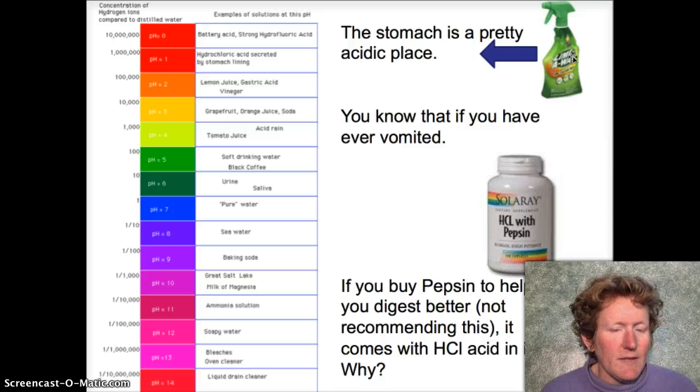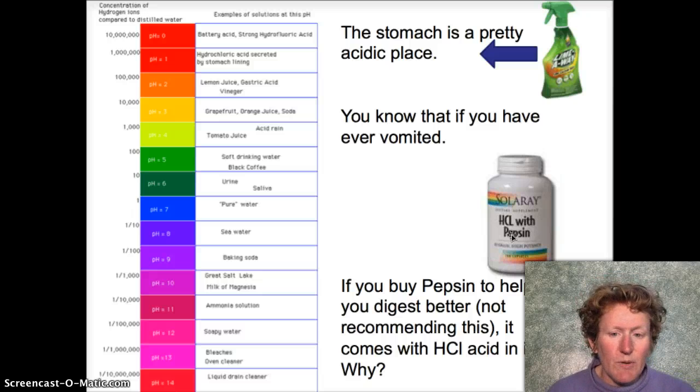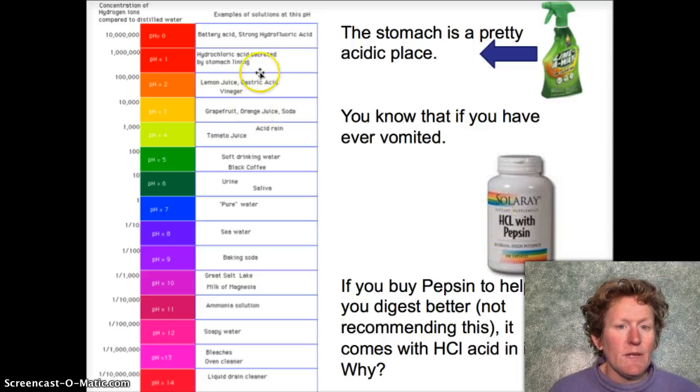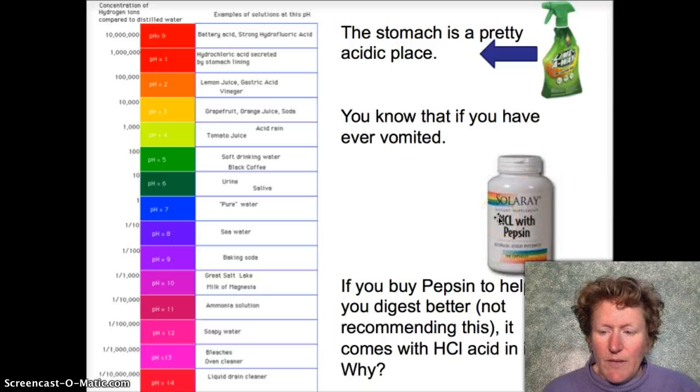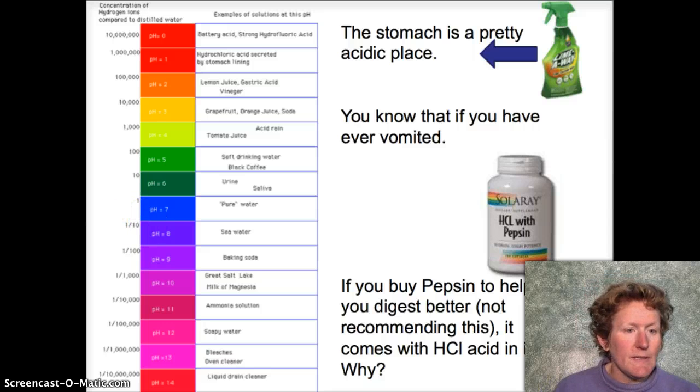So pepsin has to work in a pretty low pH. In fact, some health food stores sell pepsin, the enzyme, to help people with digestion problems. It comes with HCl added to it, the same stuff we're going to add in the experiment, the same stuff that your stomach adds. Hydrochloric acid is the same as HCl, because the enzyme pepsin works best in an acidic environment.